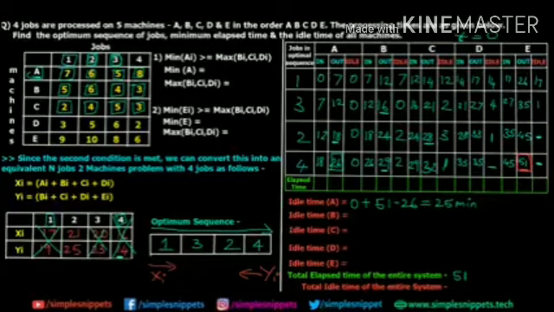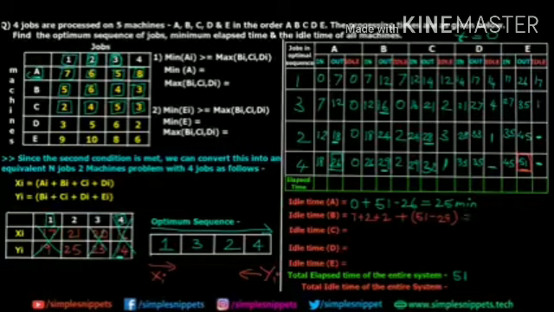Now let's calculate idle time for B. So idle time for B is going to be 7 plus 2 plus 2. So this is that idle time column itself, plus 51 minus 29, because B completed processing all the jobs at 29th minute but the system completed entirely at 50th minute. So we have to subtract that and add this individual idle time also.